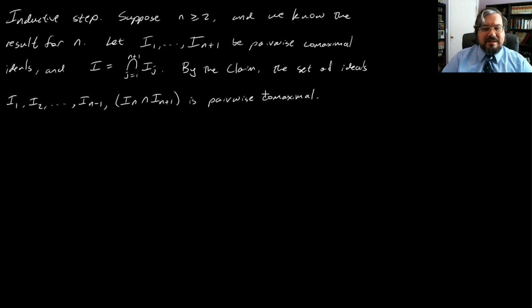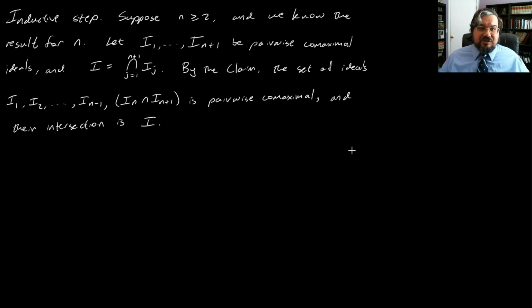So that's how the claim shows that. But now, this set of ideals with the intersection at the end is a collection of n pairwise comaximal ideals. And notice that their intersection is still I, because I was just the intersection of all of the ideals, and so it doesn't matter whether you intersect some of those ideals beforehand or not, the intersection is still just I.